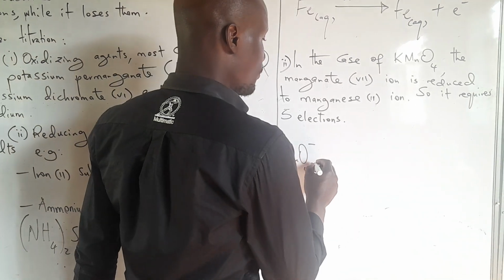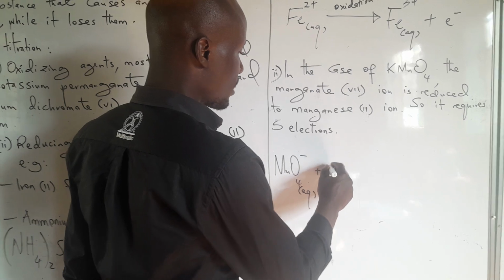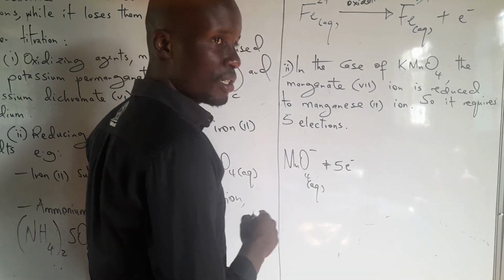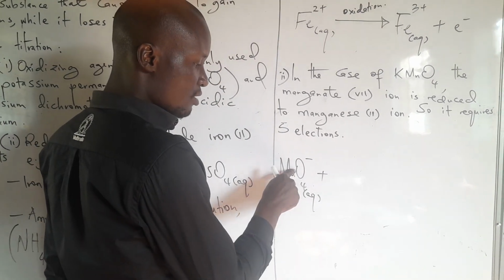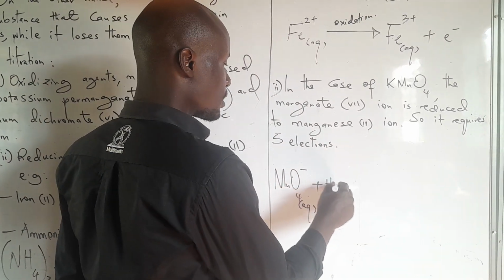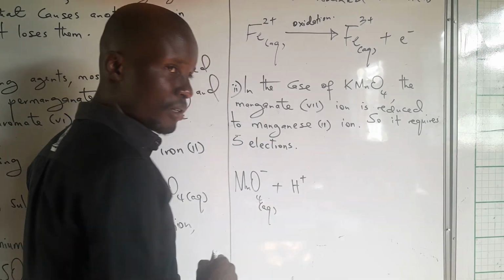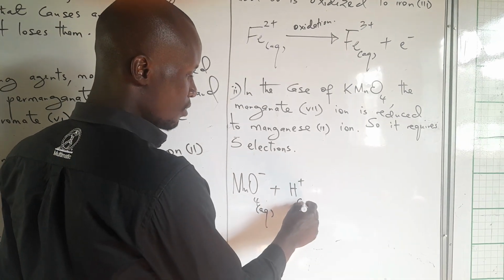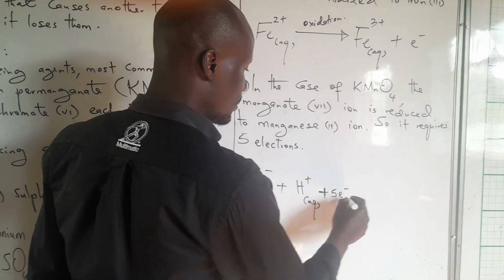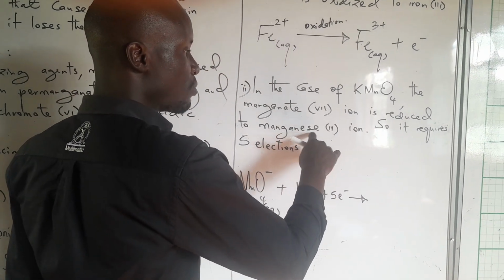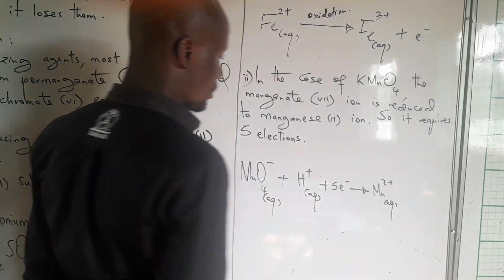This ion, we have said, requires how many electrons to be reduced? 5 electrons. But that can only happen in an acidic solution. There is an acid, and every acid provides hydrogen ions. In the presence of 5 electrons, it is reduced into manganese(II). It is written like this: Mn2+.